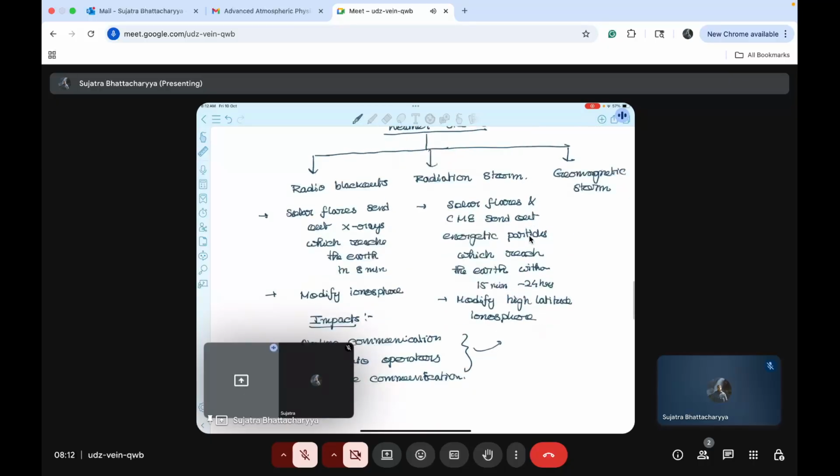What about geomagnetic storm? The coronal mass ejection is the most important thing. CME sends out magnetic clouds within 1 to 4 days, and it accelerates particles within the magnetosphere and ionosphere.